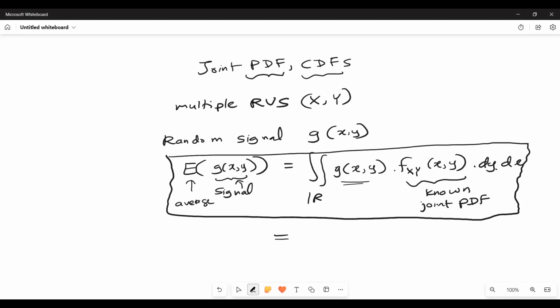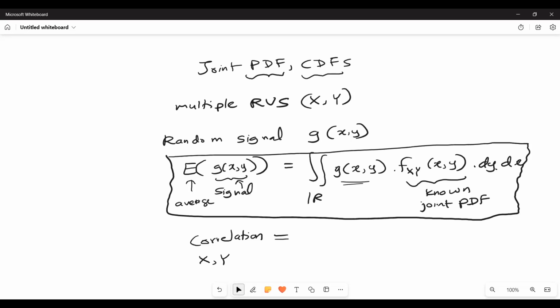X can have its own separate distribution, and Y can have its own separate distribution. In that case, we want to find out other aspects related to these two signals, X and Y. So we want to find out, for example, how much correlation there is between X and Y.